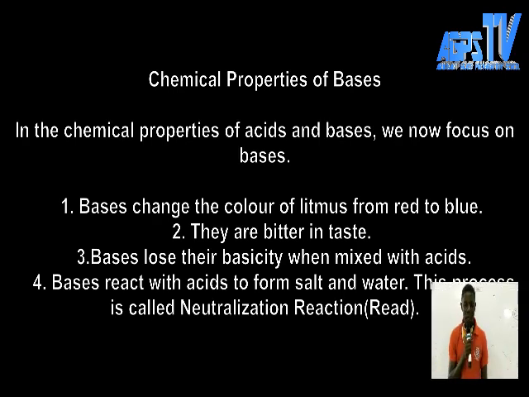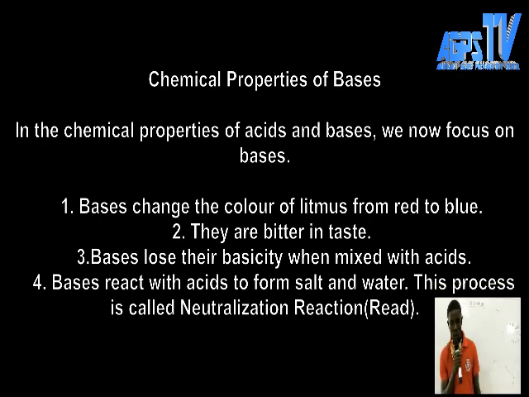But here, in the properties of base, the first property is the opposite of the properties of acid. If an acid has a sour taste, then a base has a bitter taste. You can see the property on your screen, the second property: they are bitter in taste.